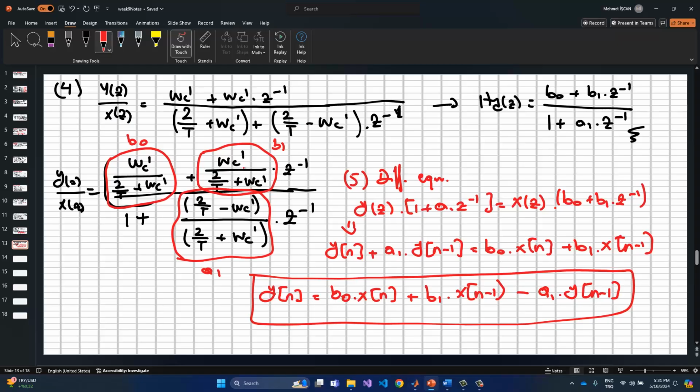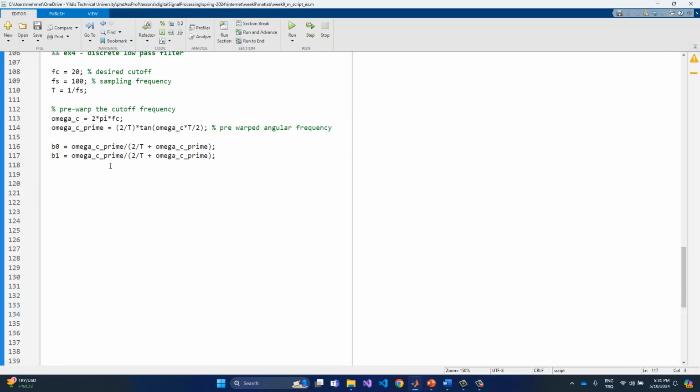But a1 is different, right? A1 is equal to minus, divided by two terms here, 2 divided by T plus omega c prime, right? But in the first place we need 2 divided by T minus omega c prime. Okay, so this is a1.